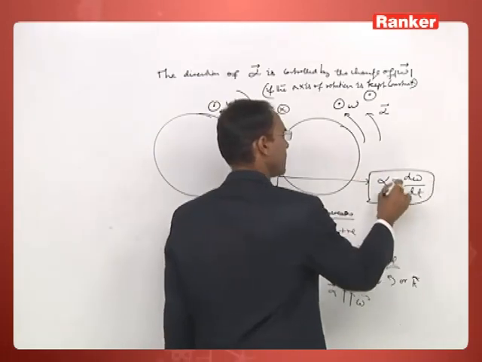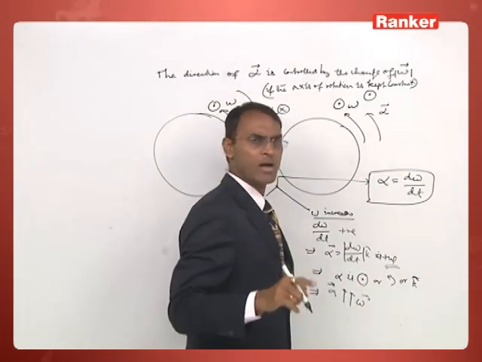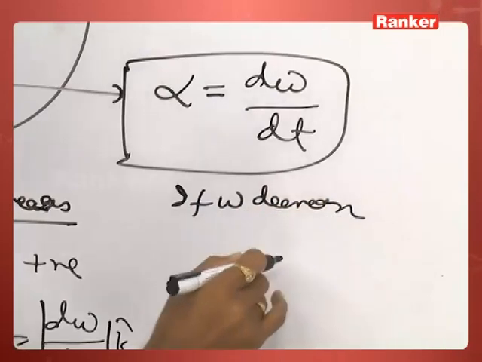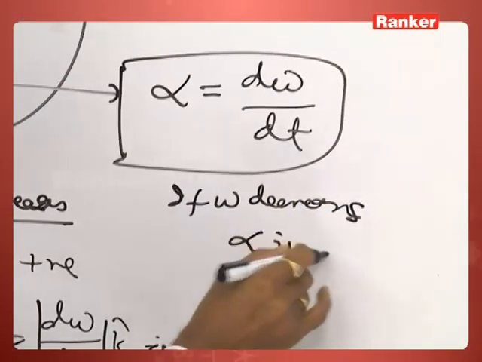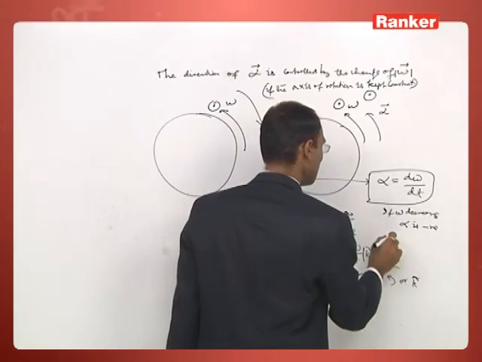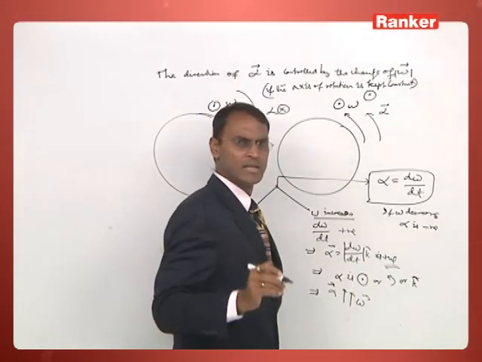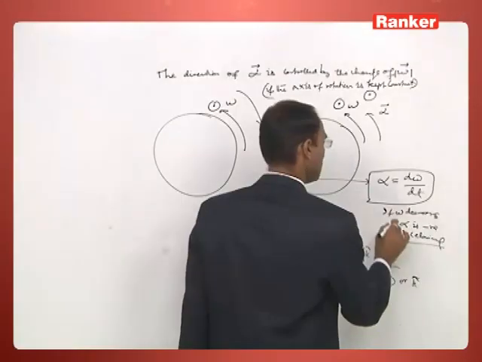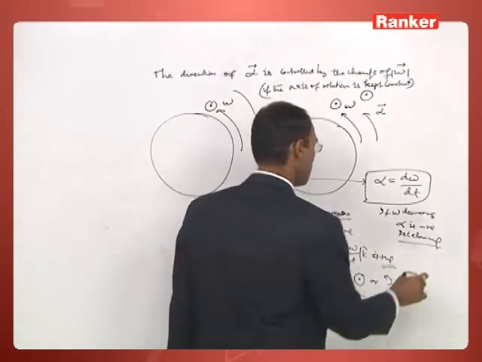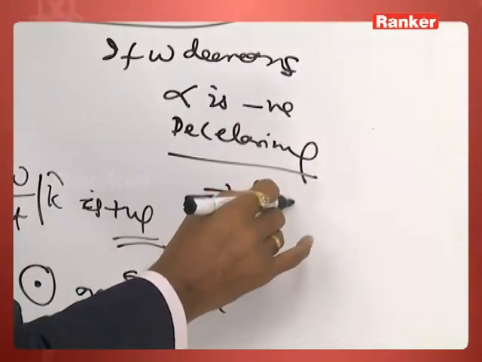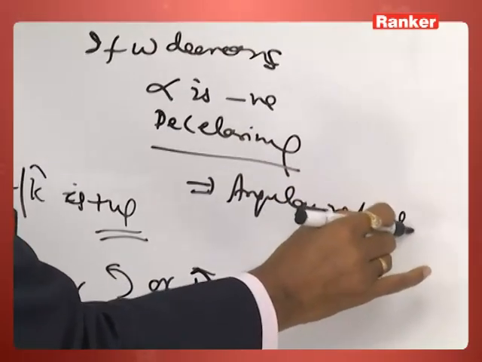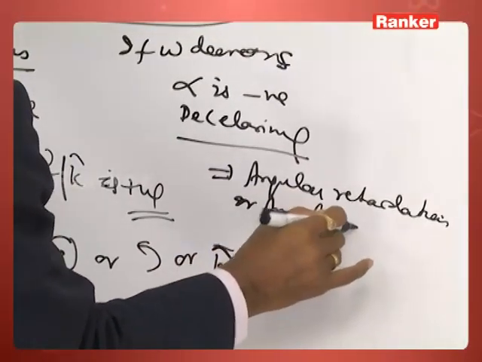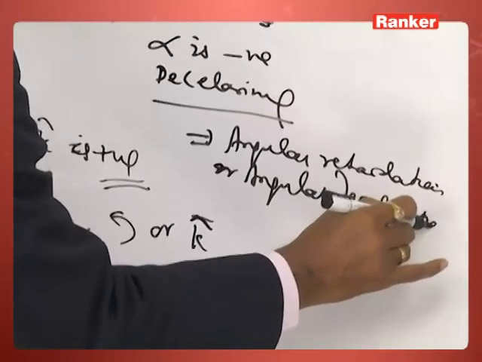But remember, if omega decreases, alpha is negative. We can say that the body is decelerating, and this alpha is called angular retardation or angular deceleration.